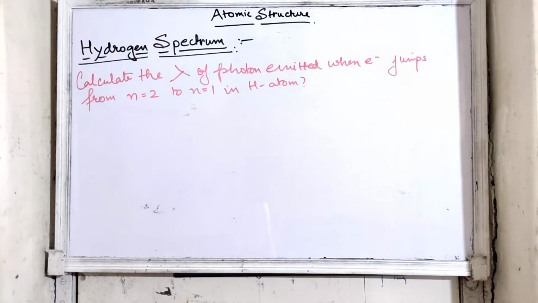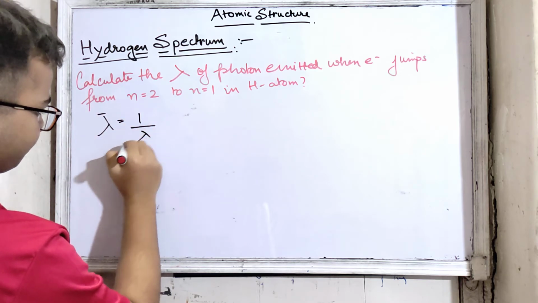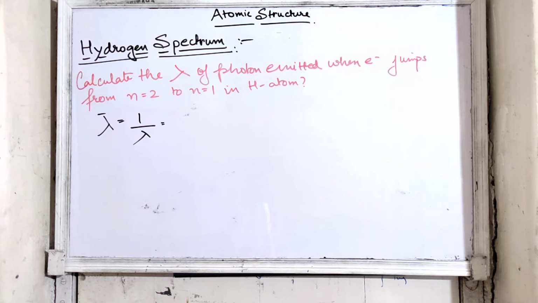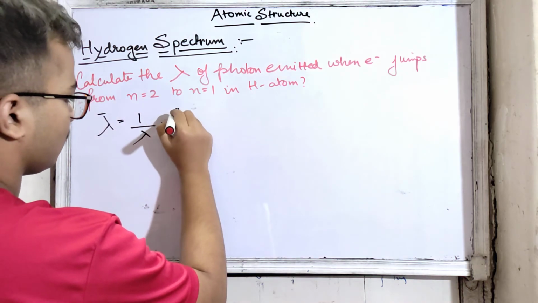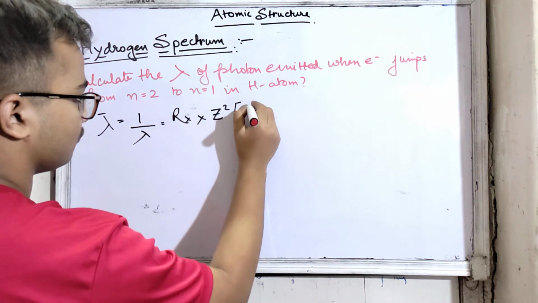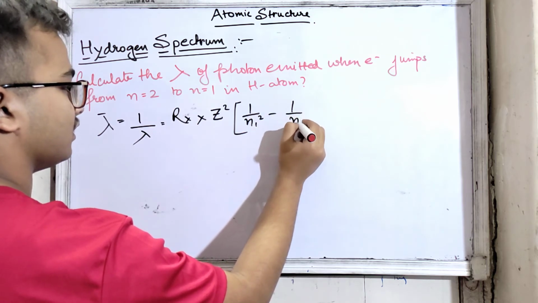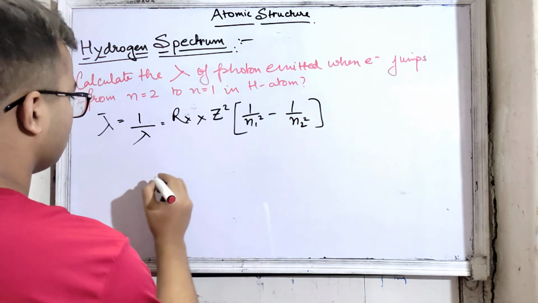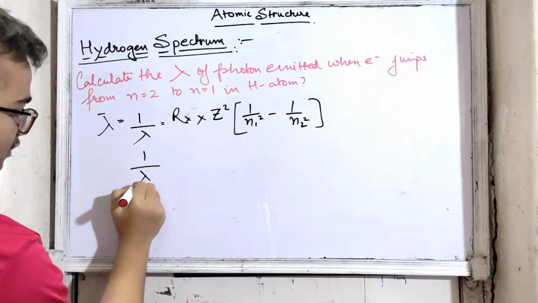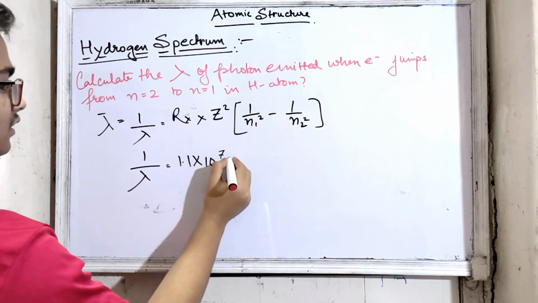So we know lambda bar equal to 1 by lambda equal to, so what was the formula? It was RH into z square into (1 by n1 square minus 1 by n2 square). Okay, so what is coming? 1 by lambda equal to 1.1 into 10 to the power 7. What is z?